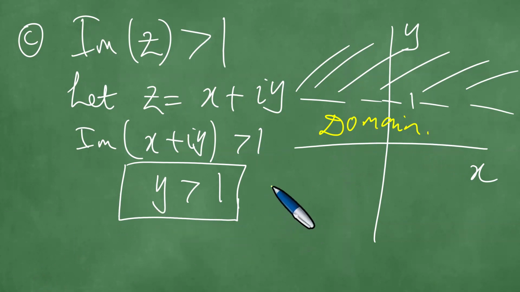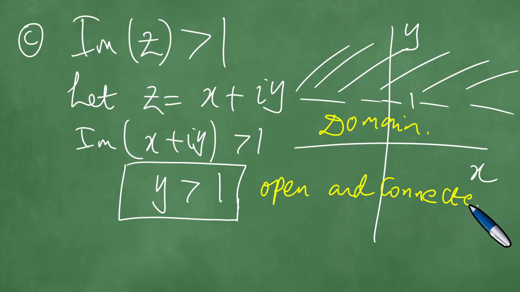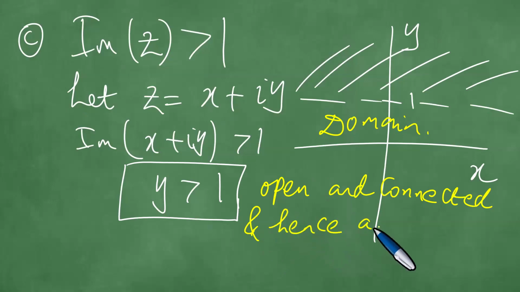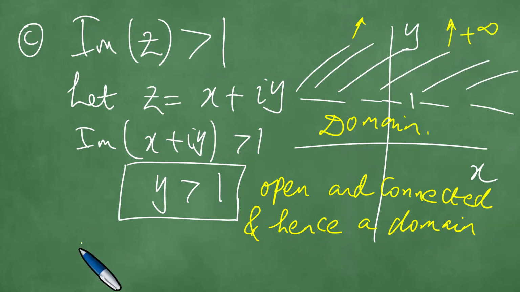In other words, this set here is open and connected, and hence a domain. But we agree that this set goes on and on towards plus infinity. So this set is unbounded.